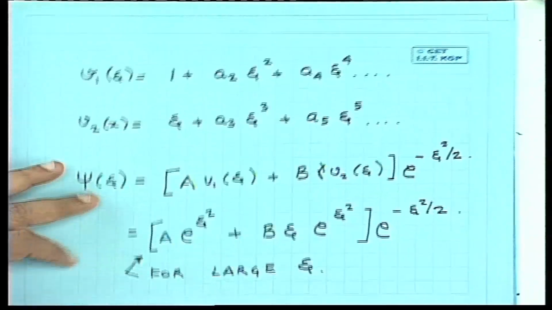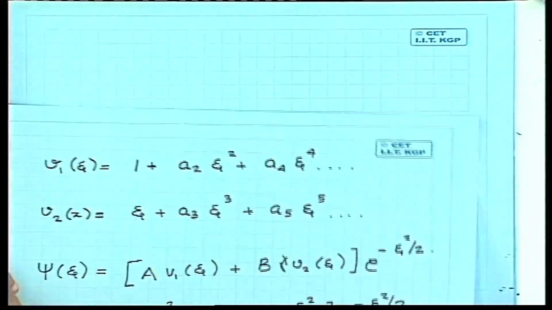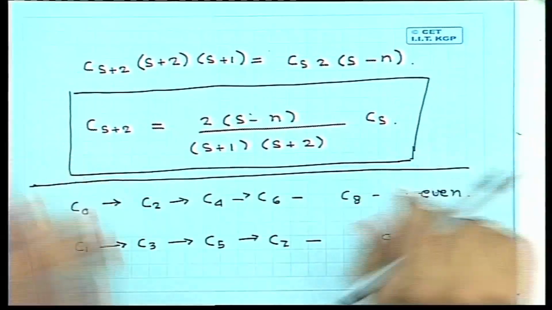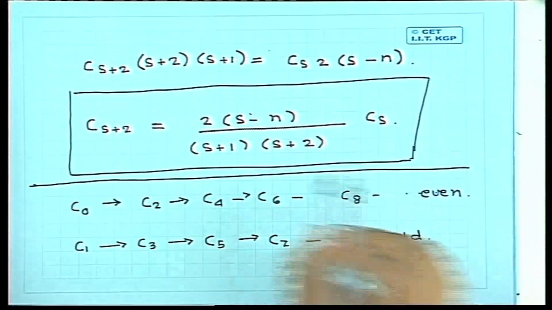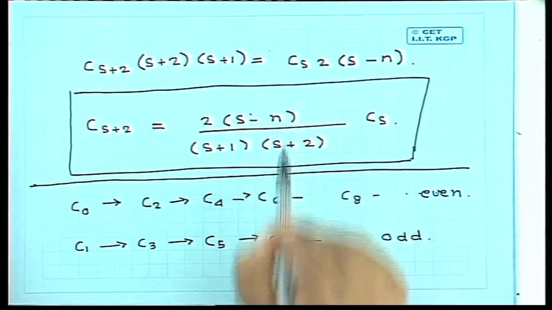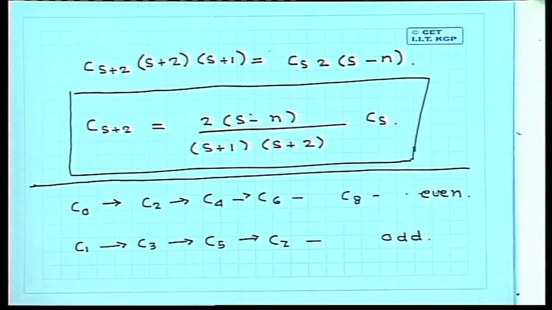So how can we avoid such a behavior? The only way you can avoid such a behavior is as follows. Suppose n is an integer. Let us look at the recursion relation again. Suppose n is an integer, let us say it is 0.